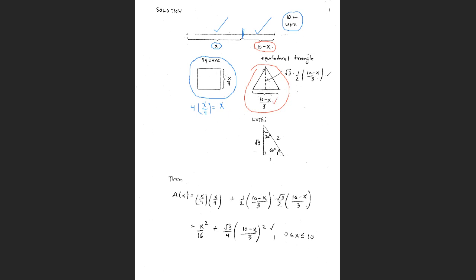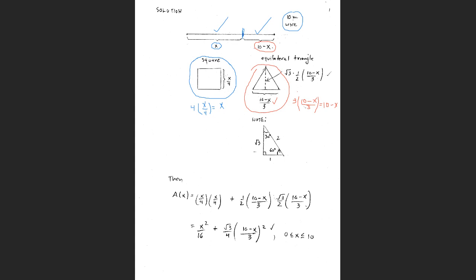Because if you take 3 times 10 minus x over 3, you'll get 10 minus x, and that's how many meters of wire you're using for the equilateral triangle.